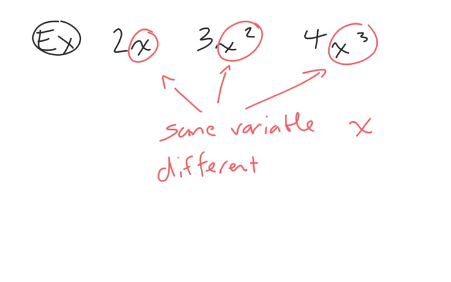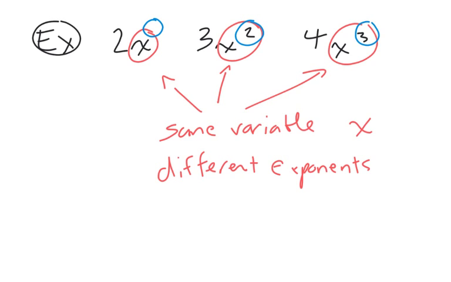However, they have different exponents, and that is a key point. Different exponents. For the first term, the exponent here, as discussed earlier, is 1. It's just not written in. The exponent over here is 2, and the exponent over here is 3. However, to be considered like terms, they have to have the same variable as well as the same exponents.